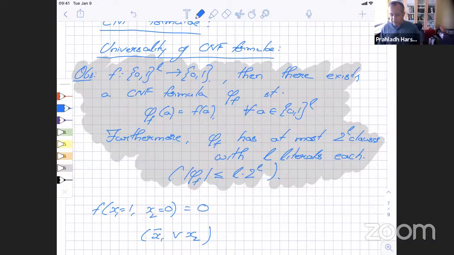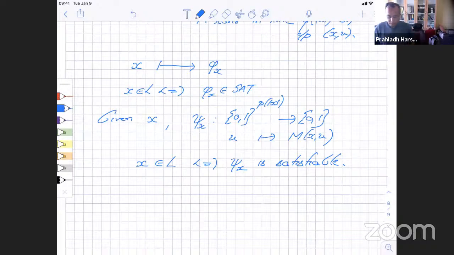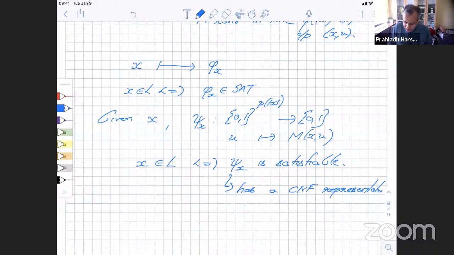So you can write the CNF corresponding to psi_x because of the universality of CNF formulas. So psi_x has a CNF representation, say phi of psi_x. And it's clear that this phi is satisfiable if and only if psi_x is satisfiable, and psi_x is satisfiable if and only if x is in L. So we got the thing.